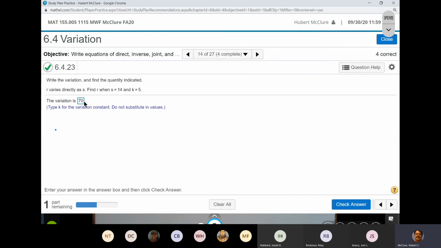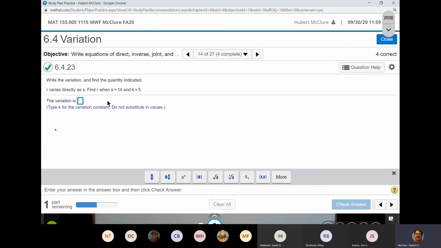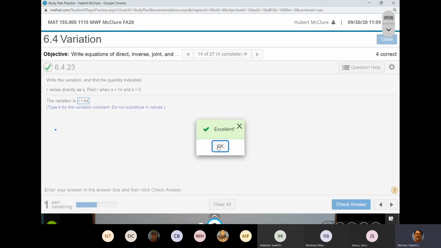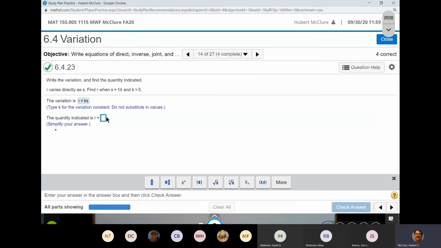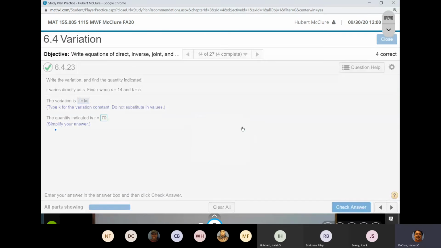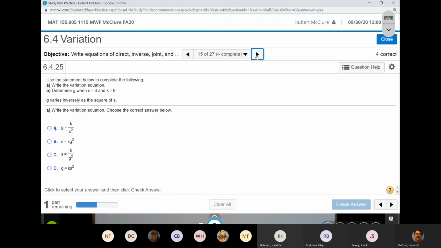Okay, they want the formula. R is equal to K times S. There we go. And then they want 70. Okay? So let's look at another one. G varies inversely as the square of S. That's this one right here.